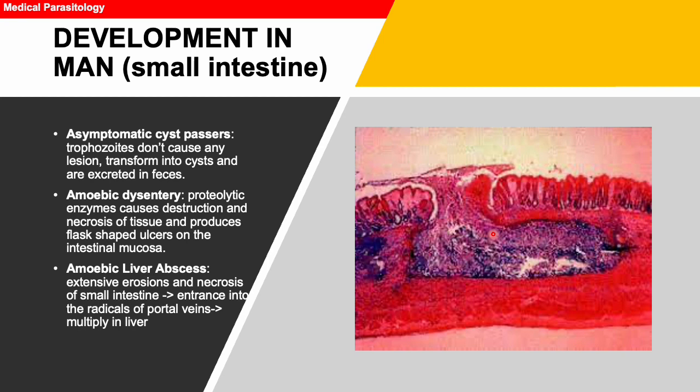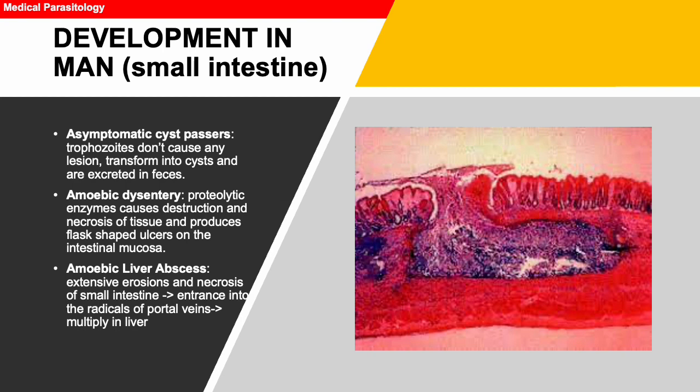This is in contrast to Balantidium coli ulceration, in which you have a broad neck and a broad base. Again, in Entamoeba histolytica, you have a narrow neck and a broad base, but for Balantidium coli, you have a wide neck and a broad base.